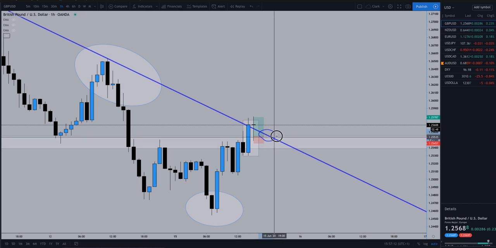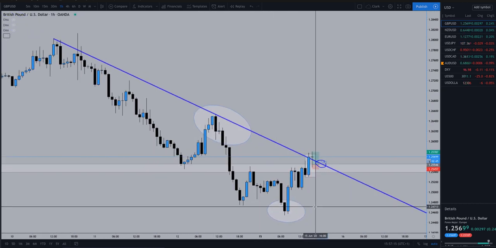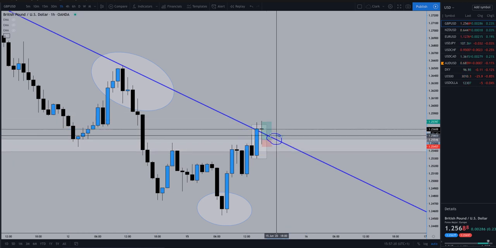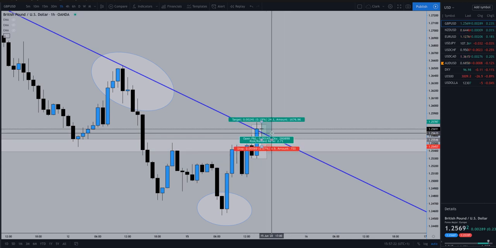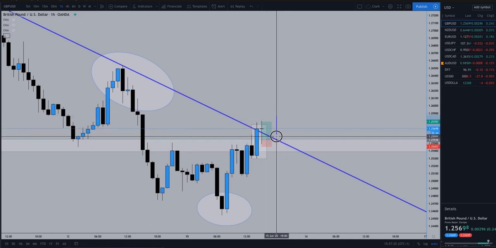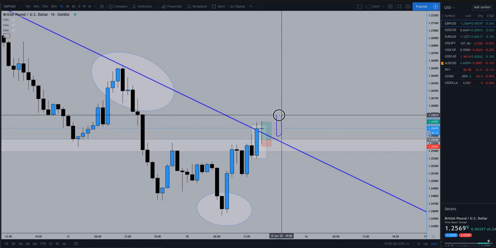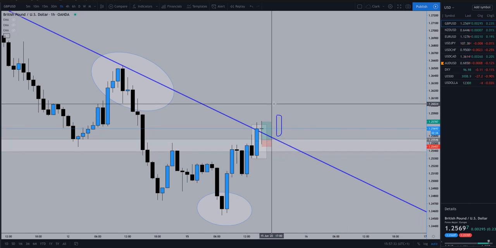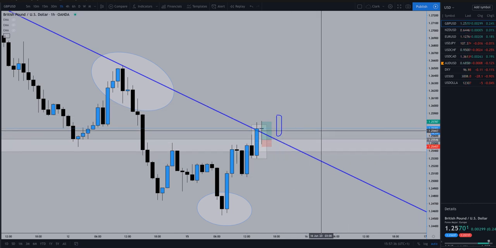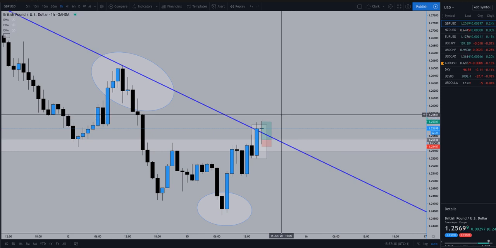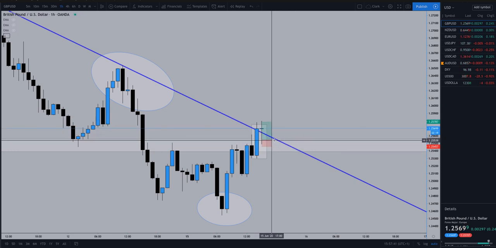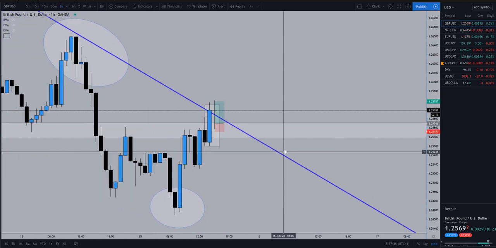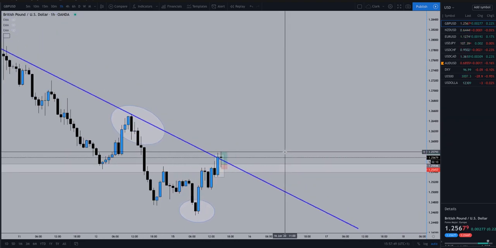If it comes together at the same area, you've drawn your zones, you've drawn your trend, you've seen the break, you've seen the retest, you've seen the rejection here. You need to see rejection. Okay, that was supposed to be a candle with a wick. Anyhow, if you see a candle rejecting with a wick, maybe two, maybe three, maybe one, you can take a buy there and buy it off the trend, buy it off the rejection of the horizontal level.